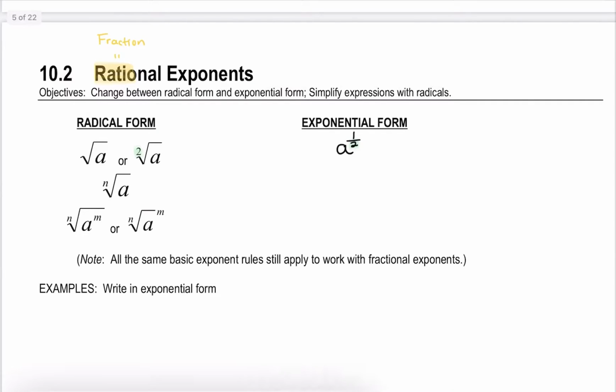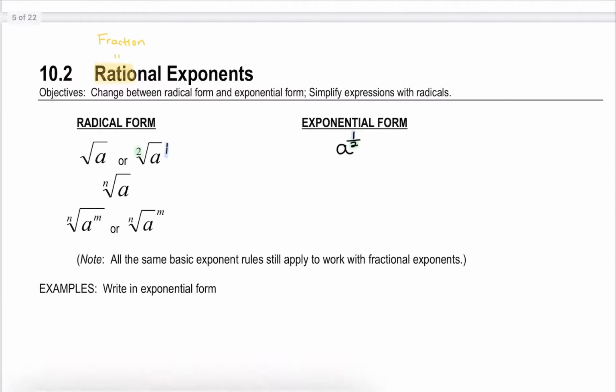Now, there's no exponent on the a, and there's no exponent outside of the radical, so there's like an implied first power here, either inside or outside the radical. We'll talk about that in just a minute. But that is where the numerator of the power comes from. So that 1 comes from the fact that that's just being raised to the first power.